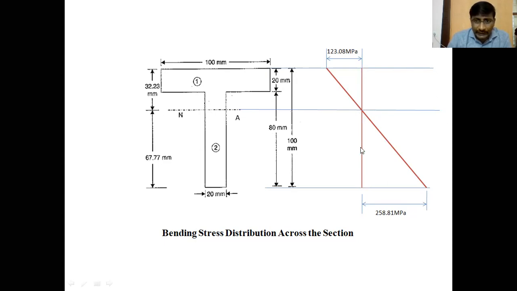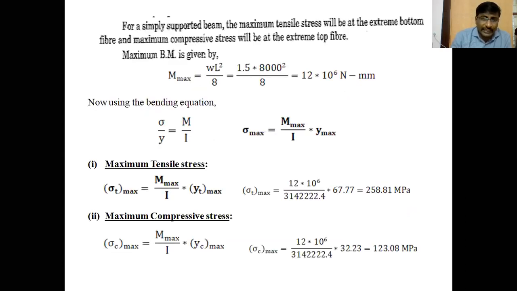After drawing the vertical line, okay, the stress induced in the extreme bottom layer is 258.81. Just now we calculated that the maximum tensile stress is 258.81 megapascals, which is induced in the bottommost layer, and the maximum compressive stress is 123.08 megapascals, which is induced in the topmost layer.